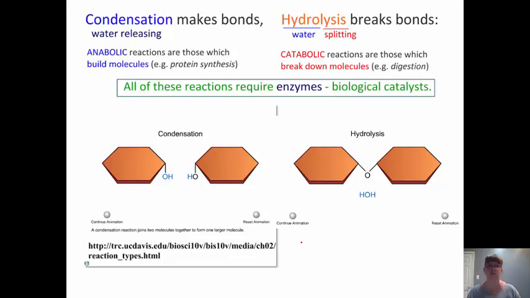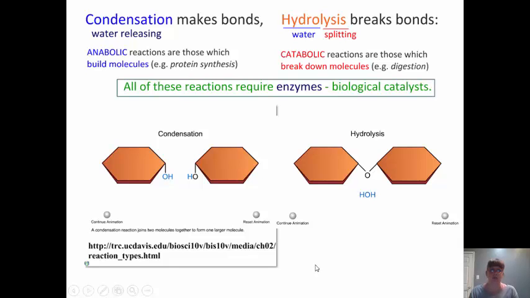It releases water when it makes bonds. The condensation reactions are also anabolic reactions, which means we are building molecules. Whereas hydrolysis, we're splitting water, we're breaking bonds, and they are also catabolic reactions, so we're going to break down molecules.